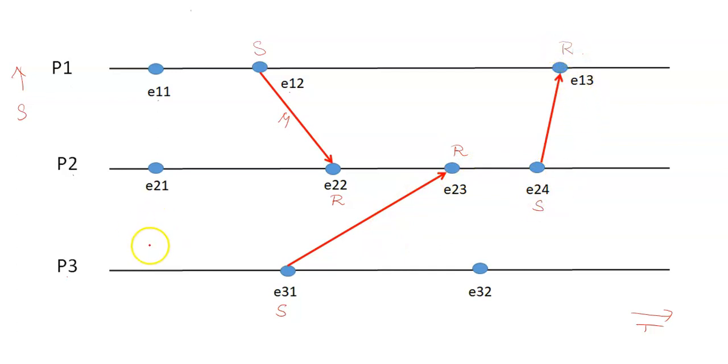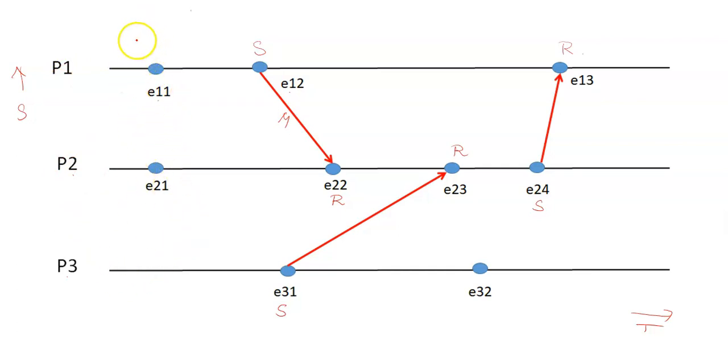Okay, now come to the point. In order to assign a vector timestamp to every event here, first, as I already mentioned in the algorithm, every vector is going to be a timestamp of n values, which is equal to the number of processes involved in the distributed system.